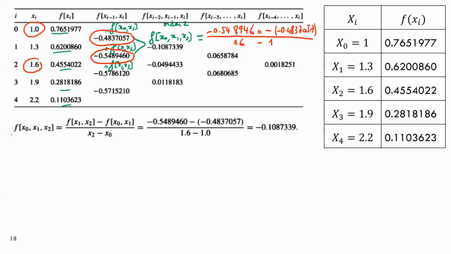Then هذه هي. And you calculate this, or the computer calculates this, and you obtain this value.